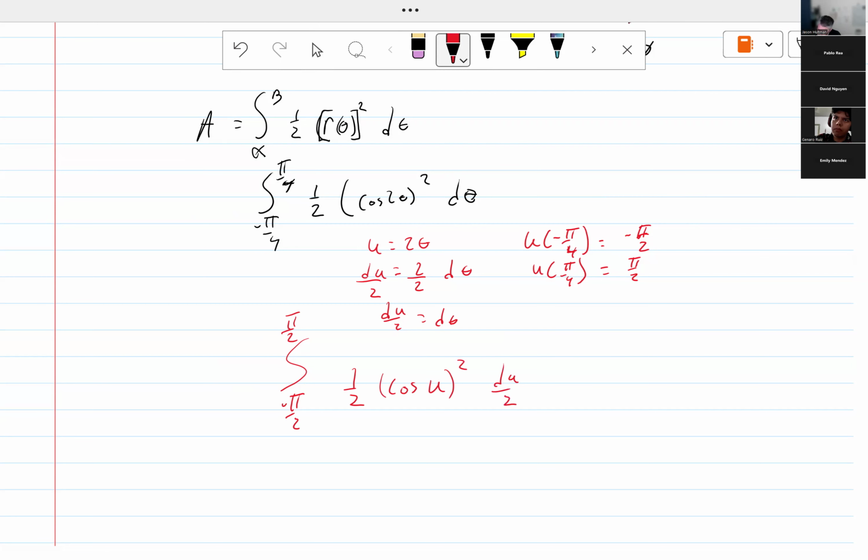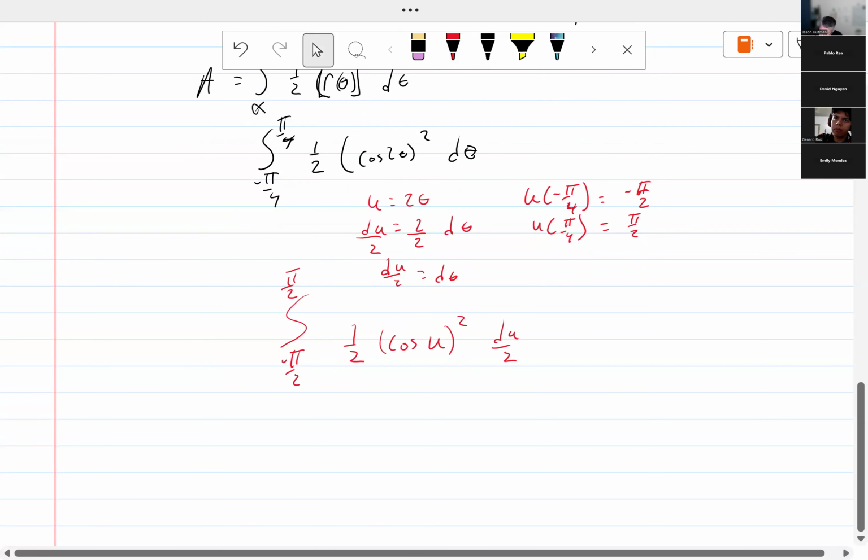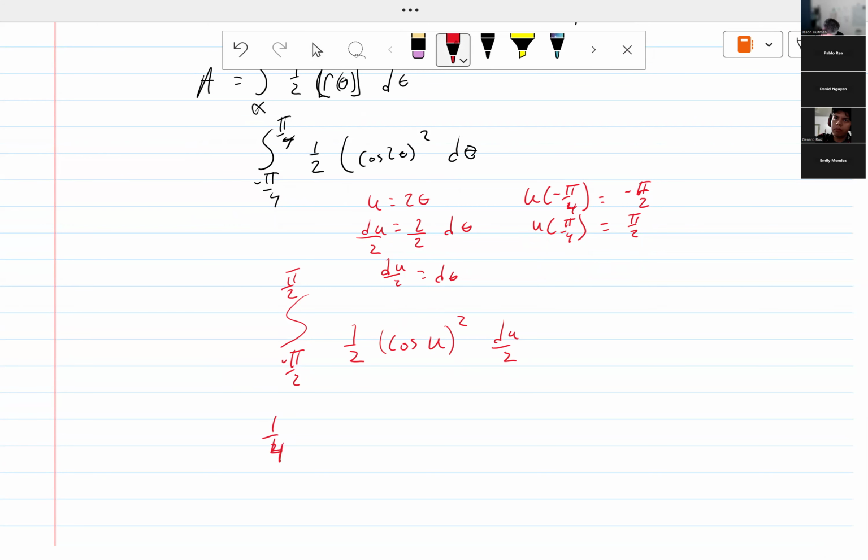I'm going to factor out the 1/4 here, the 1/2 times 1/2. This is negative pi over 2 to pi over 2, and I get cosine squared u du.